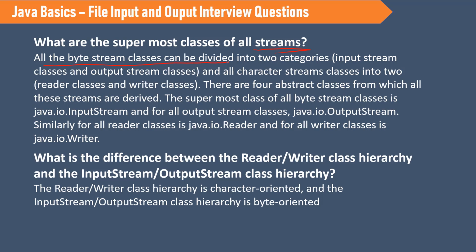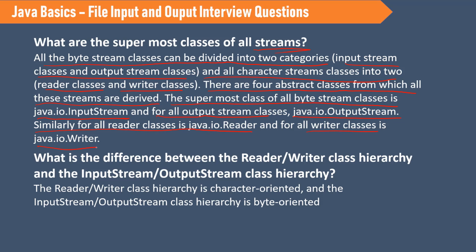All the byte stream classes can be divided into two categories, InputStream classes and OutputStream classes, and all the character stream classes are divided into Reader classes and Writer classes. So there are four abstract classes from which all these streams are derived. The supermost class of all byte stream classes is java.io.InputStream for all input streams, and for all output stream classes, it is java.io.OutputStream. Similarly, for character oriented streams, we have java.io.Reader for reader classes, and for writer classes, it is java.io.Writer.